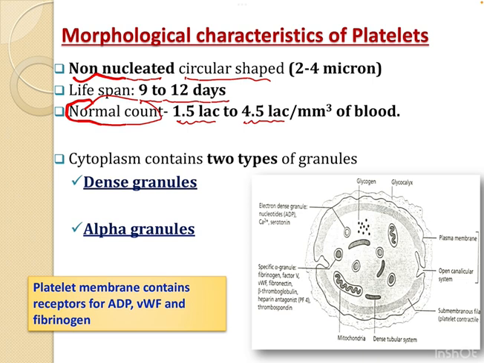Though a platelet is small, it consists of many different molecules. There are two types of granules: dense granules and alpha granules.